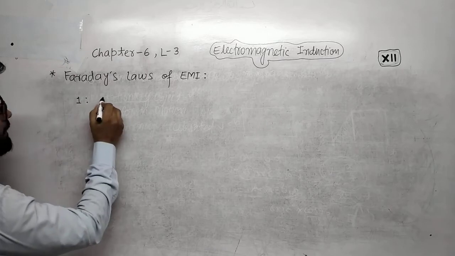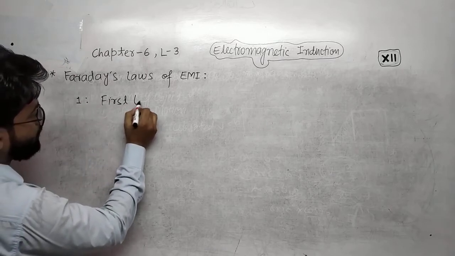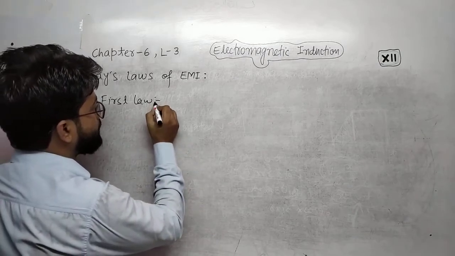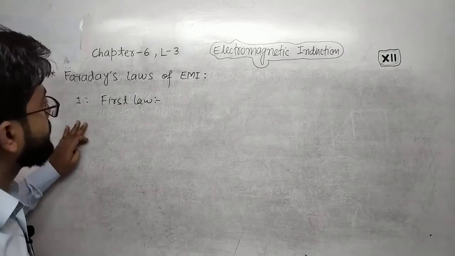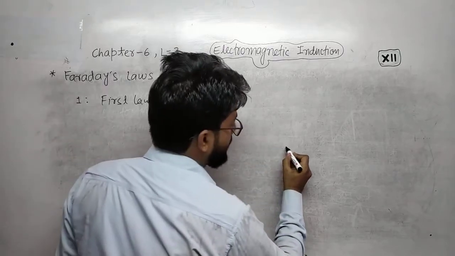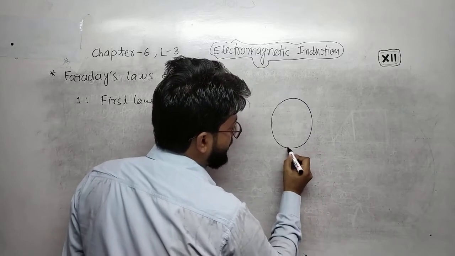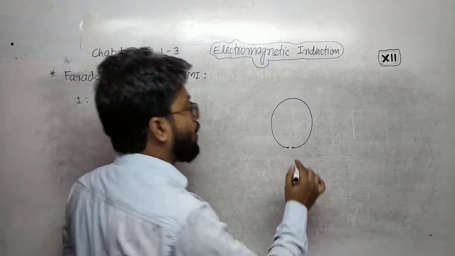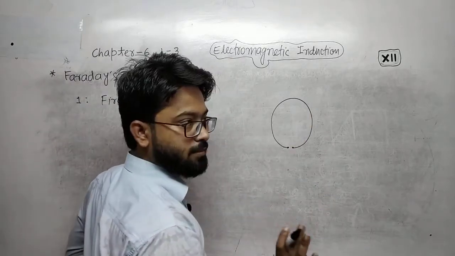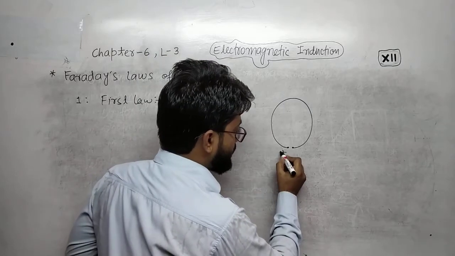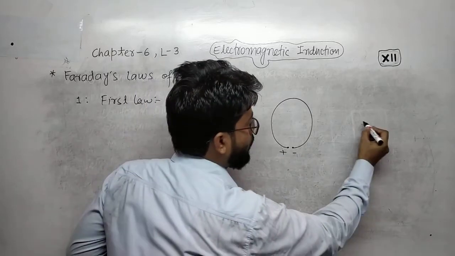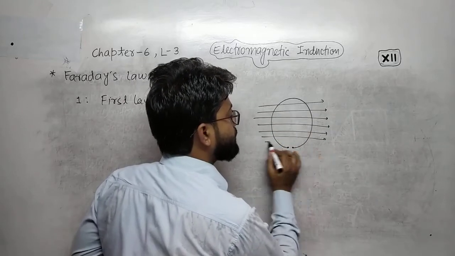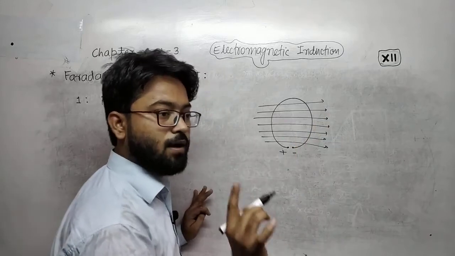First one, that is the first law. What is the first law? An EMF is set up across the ends of a coil when the flux passing through this coil is changing.